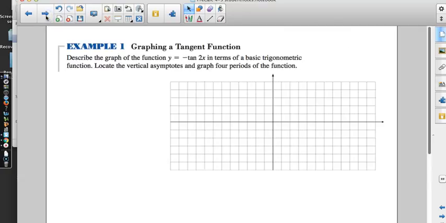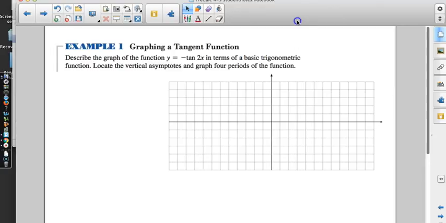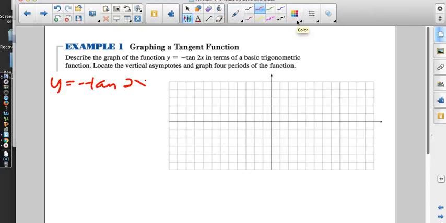All right, we're going to graph a tangent function, doggone it. It says we are going to describe the graph of y equals negative tangent of 2x in terms of a basic trigonometric function. That means we're going to describe the transformations. So what's the negative doing for us? Reflection over the x-axis.